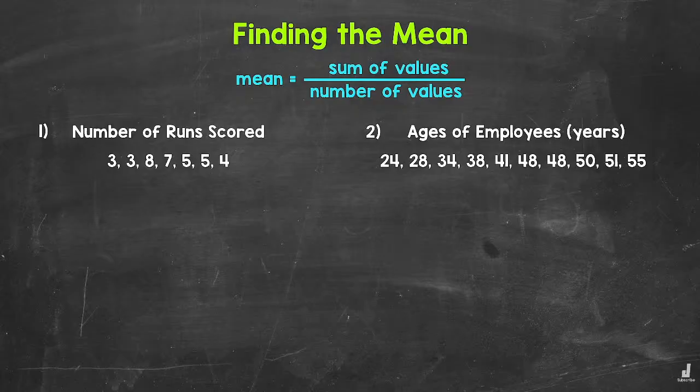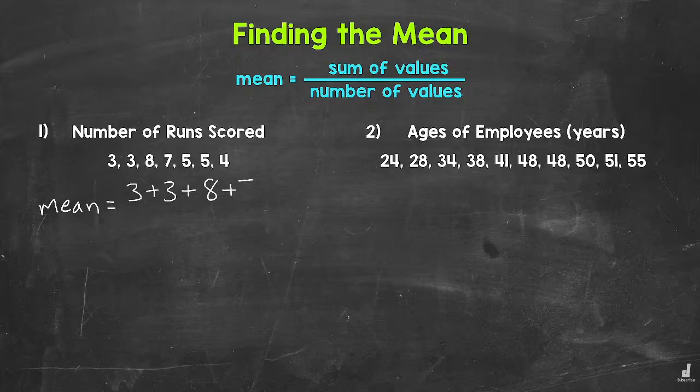So what we need to do is find the sum of the values, the runs, so add everything up, and then divide by the number of values. The mean is going to equal, well, we need to add all of the runs. So 3 plus 3 plus 8 plus 7 plus 5 plus 5 plus 4.